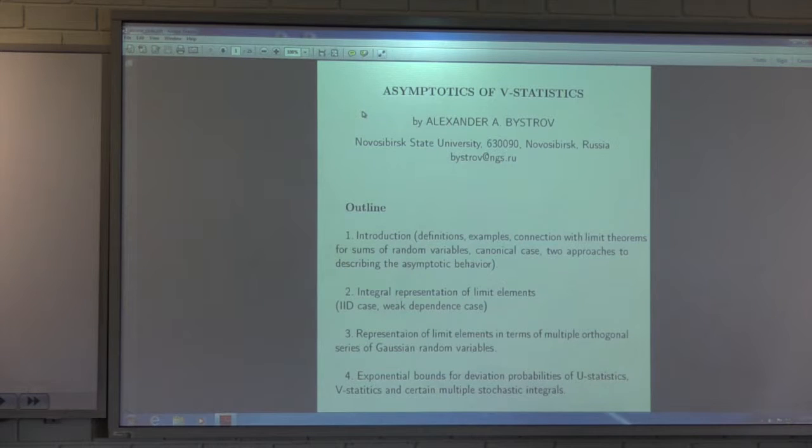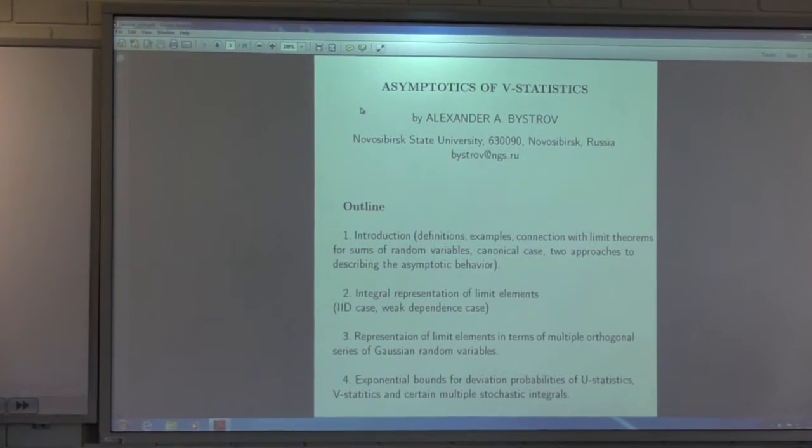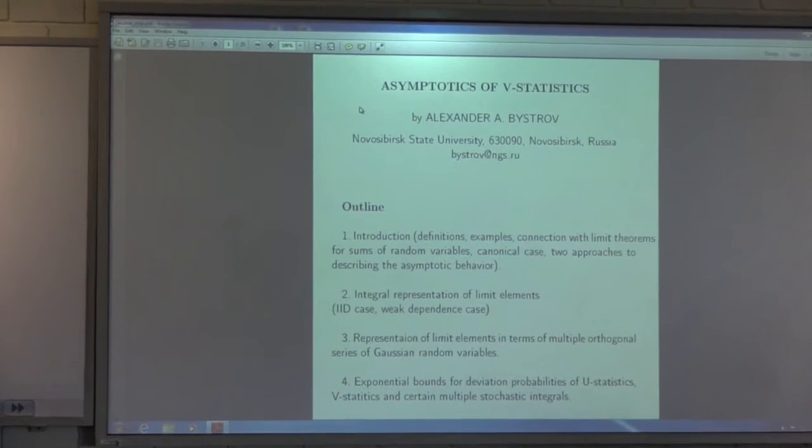Well, I think that as our talks are short, the fourth part will be omitted, but it says something about the properties of the distribution tails of V statistics and the limit elements as well. In both sections, I will try to differ the classical case where the random variables are independent, and the case my colleagues and I are interested in, when the observations have weak dependency conditions.